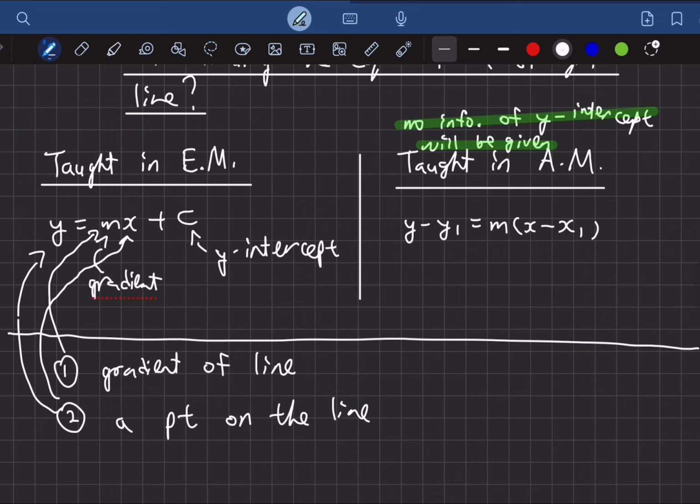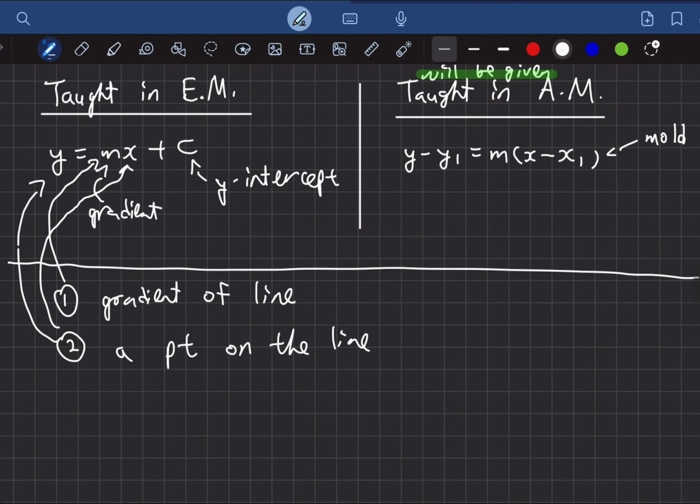Then we find the c, then we rewrite this equation. But for the A math method, we don't need to; we just throw into this form, which I always call a mole. Once we throw it in, we will be able to find the equation of a straight line. What do I mean by that?